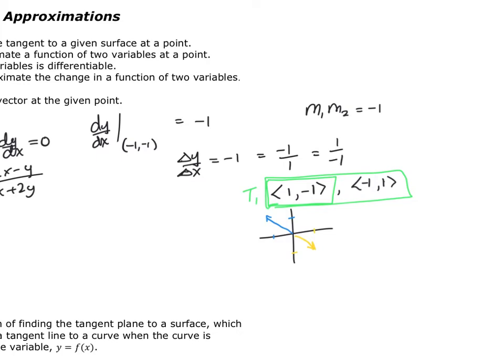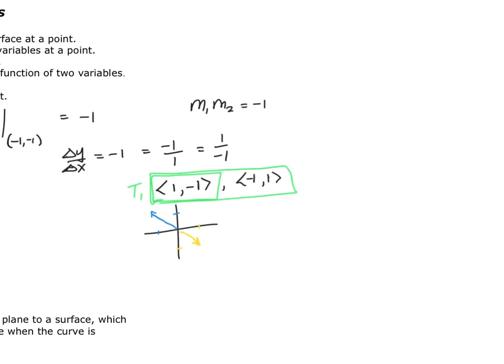So if one of them has a slope of negative 1, the other one has to have a slope of 1. So the normal vector to this would need to have a slope of positive 1. I could choose 1, 1, so positive 1 in the i and positive 1 in the j.